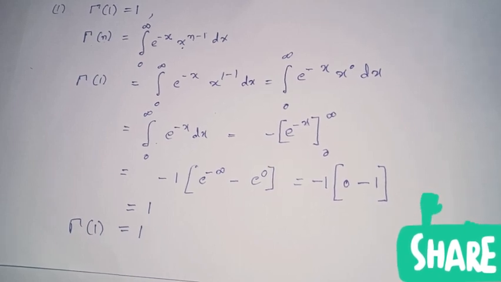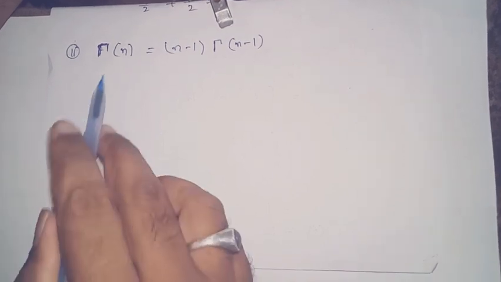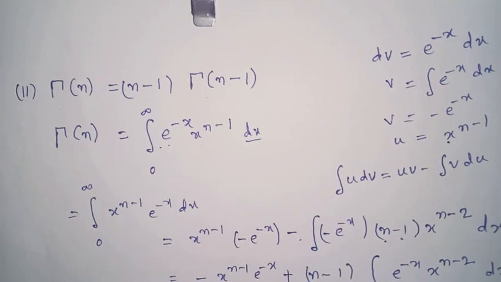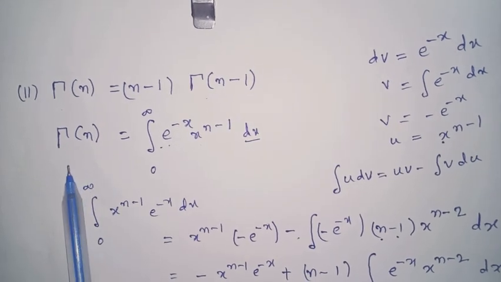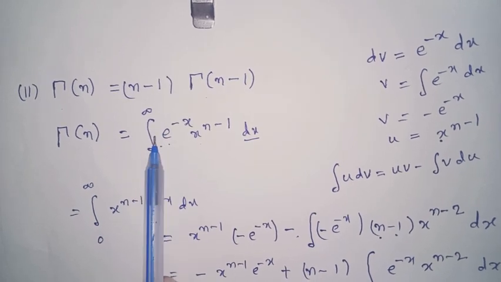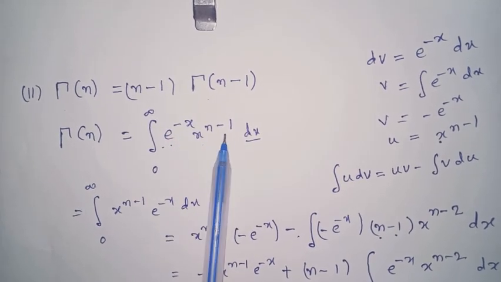Now let us go to the second property. The second property is gamma of n is equal to n minus 1 into gamma of n minus 1. As per the definition of gamma function, we have gamma of n is equal to the integral with the limits 0 to infinity of e power of minus x, x power of n minus 1 dx.